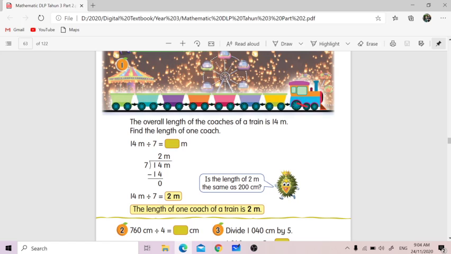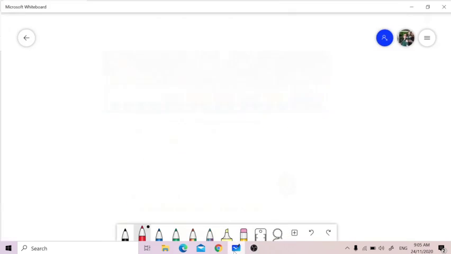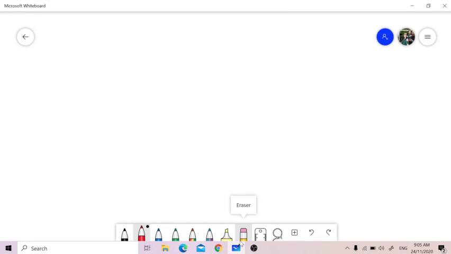So as we know, division has a great relationship with multiplication. They are related. So before we start our class, I want students to do your own multiplication table. We have to write our multiplication table.